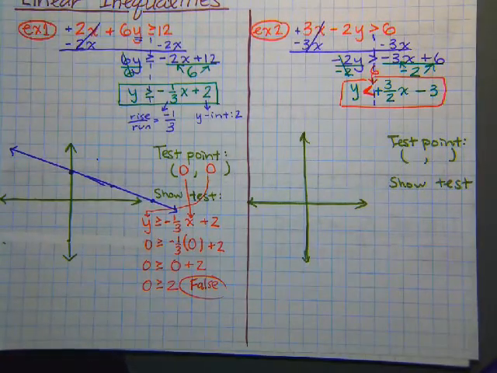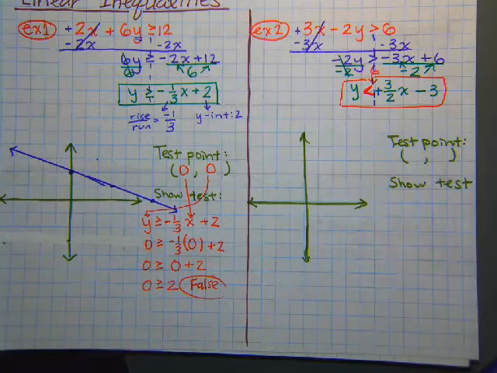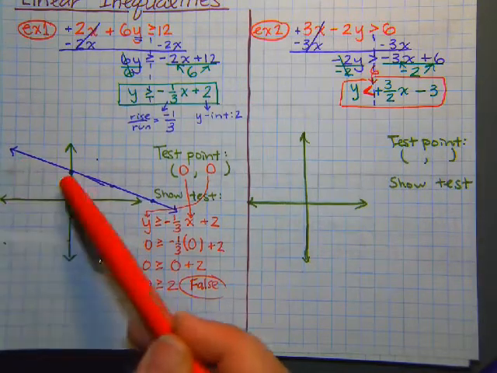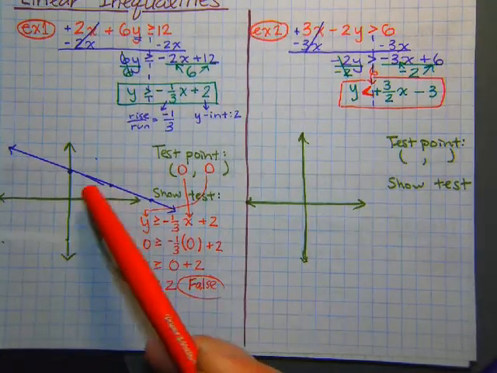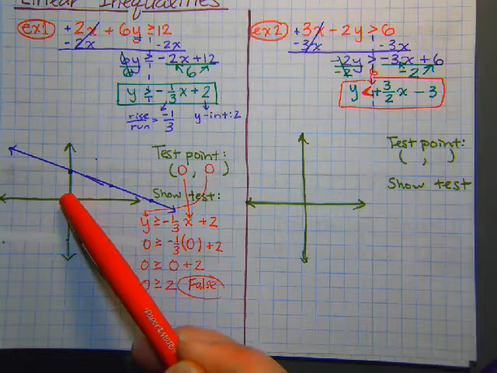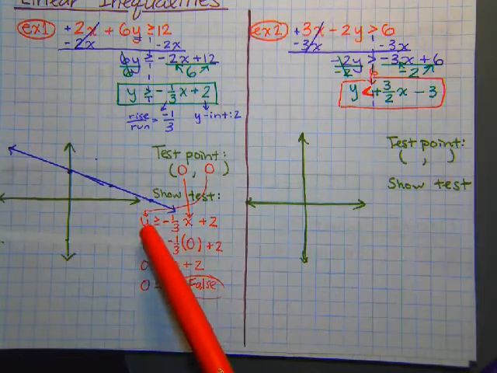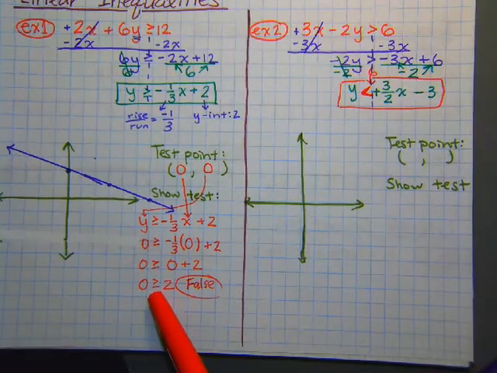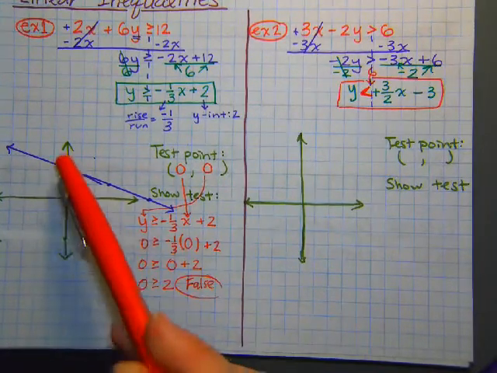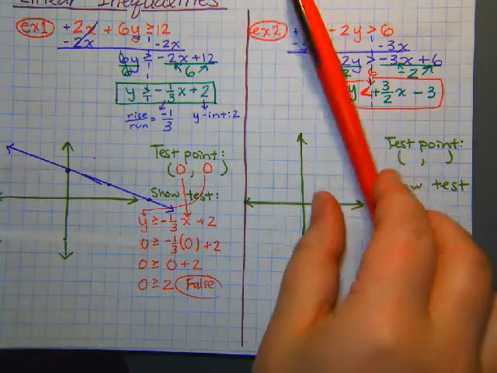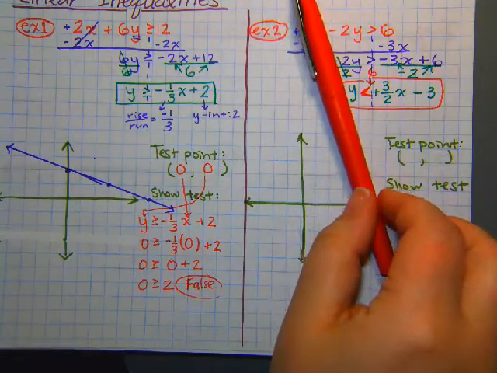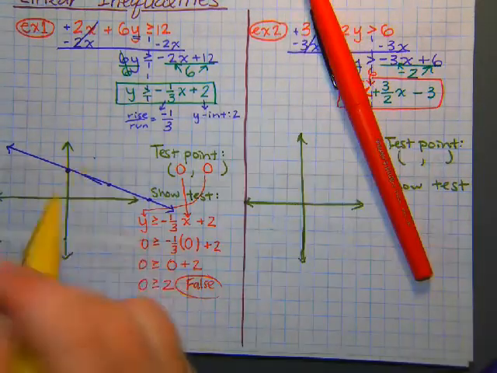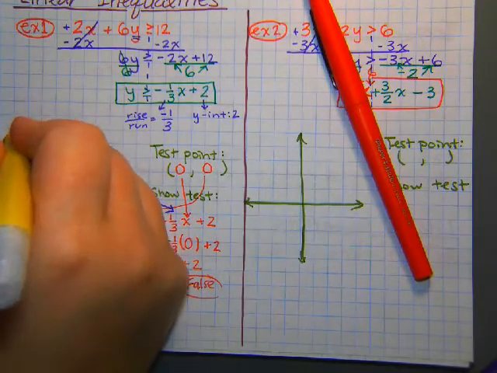Remember, you want to shade to the side that's true. So this side is not true because 0, 0 is false. I want to double check, did I do everything right? That is indeed 0, 0 plus 2. 0 is greater than 2, that's not true. So that means I want to shade the side opposite. I'm going to use a highlighter because I got one. And the side opposite is over here, it's the side away.